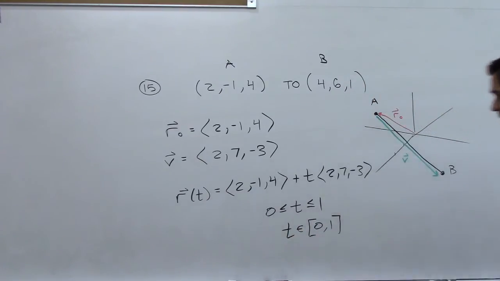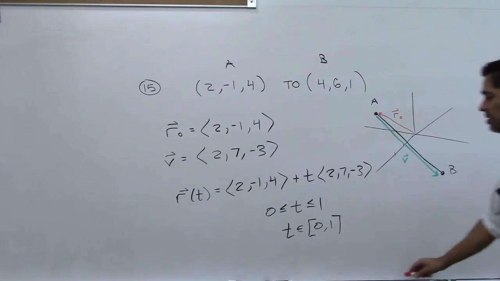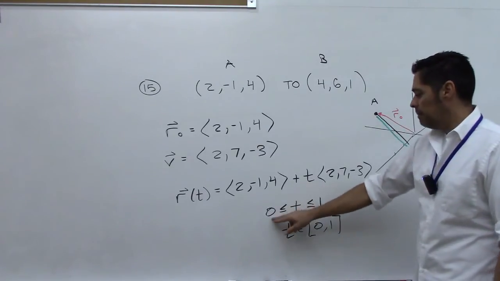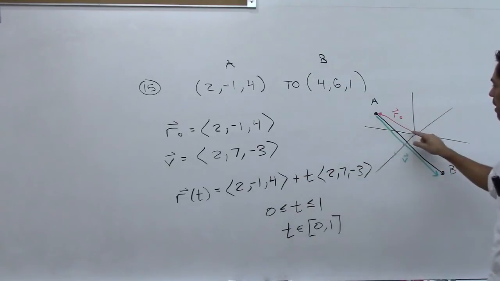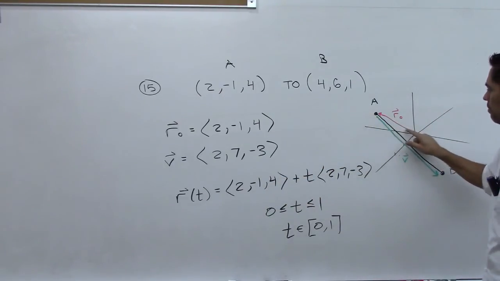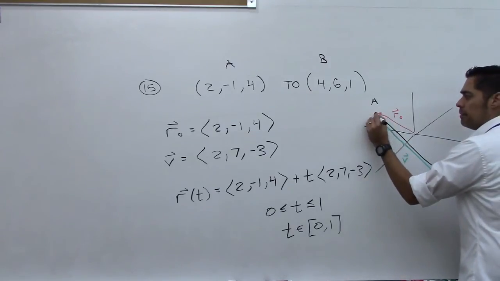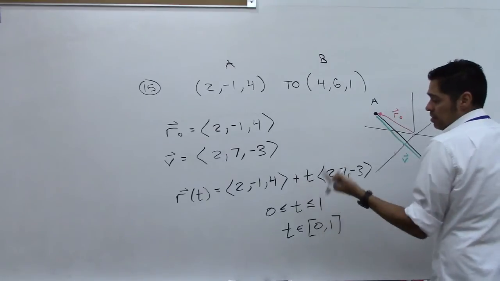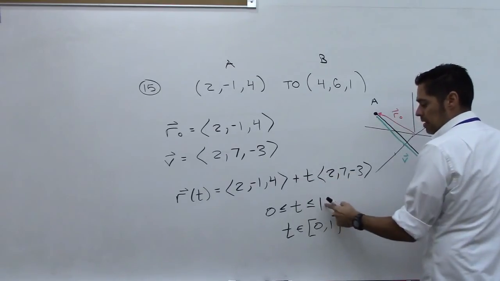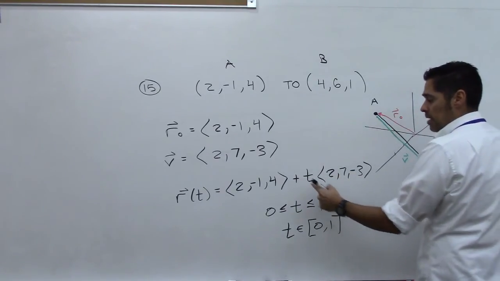Either way. And so what happens is if t is 0, then this is all gone, and you're just pointed out towards this point right here. You're the red vector, which points you here. So you're at the start. And then if t is 1, which would be the extreme other end, you add these two.